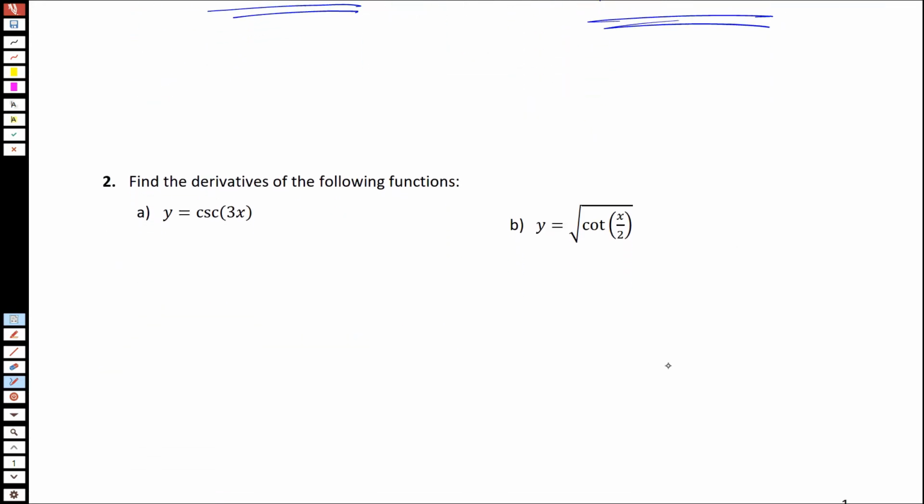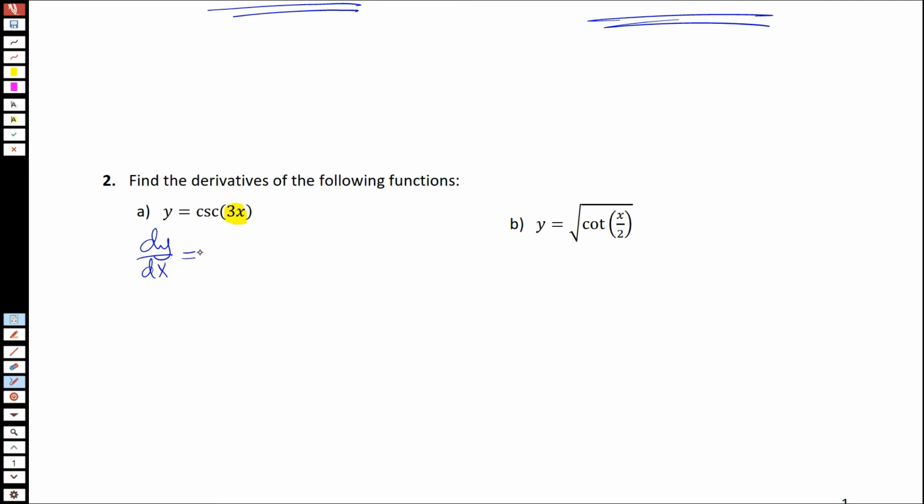In number 2, we shall work it the same way. So here we have cosecant of 3x. Now here we have a function inside another function, so we'll apply the chain rule. So dy over dx will be equal to the derivative of cosecant, which is negative cosecant of x multiplied by cotangent of x.